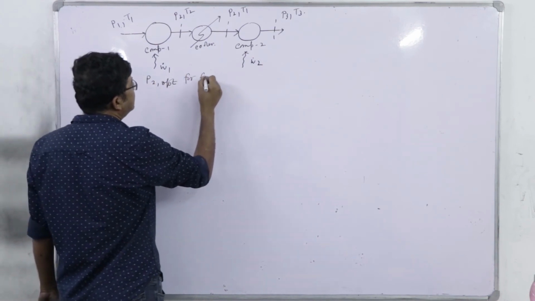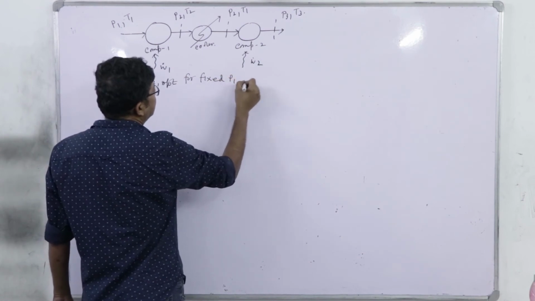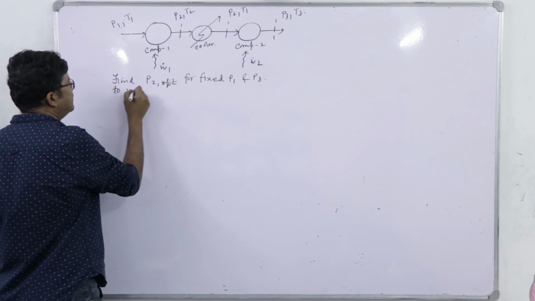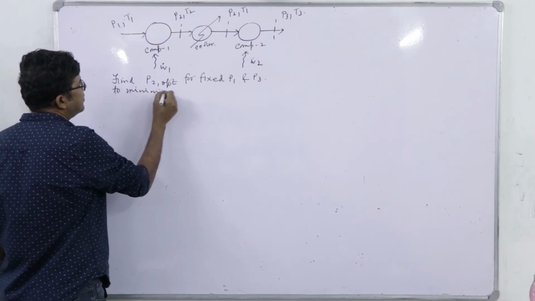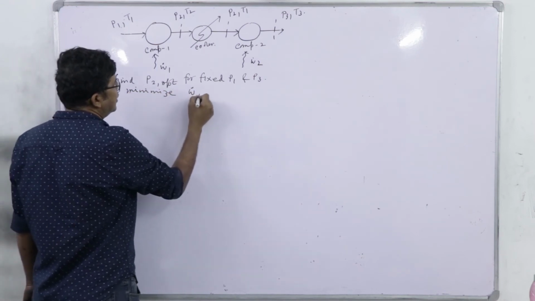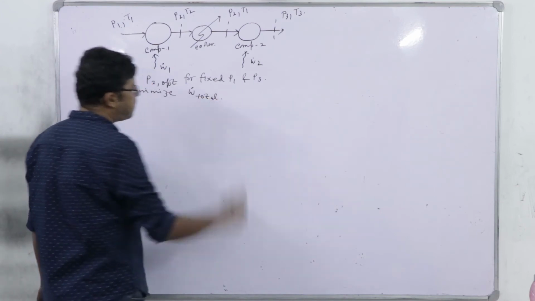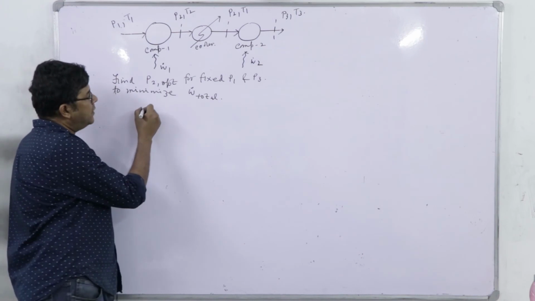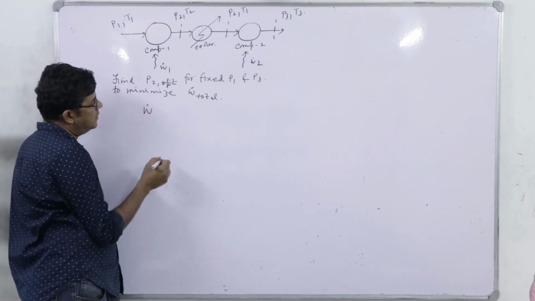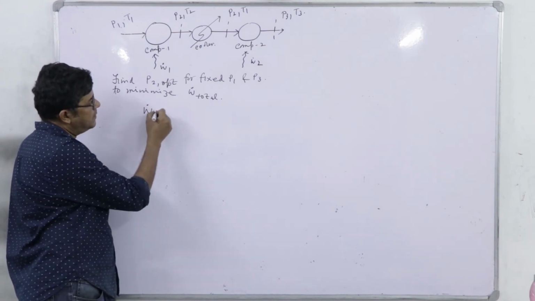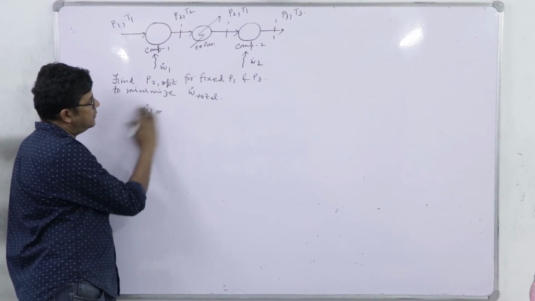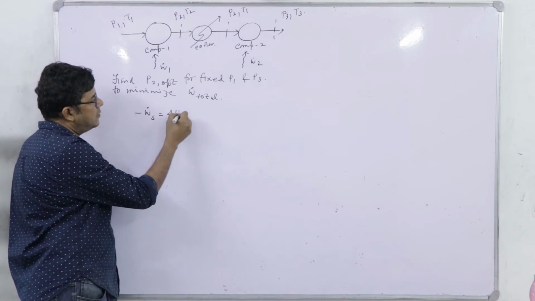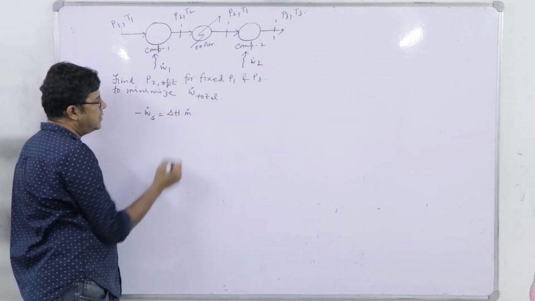for fixed P1 and P3, to minimize W dot total. So you see, for a compressor, minus W dot S is equal to delta H into M dot.